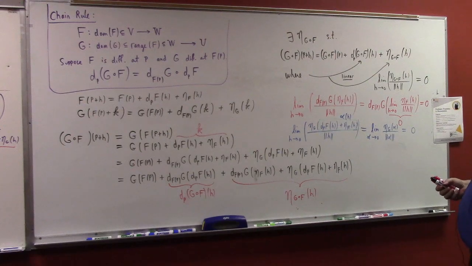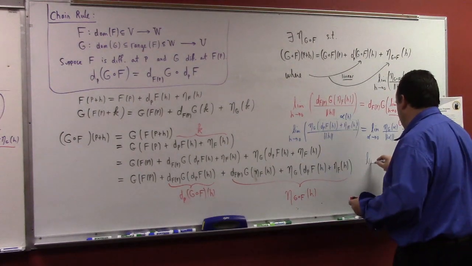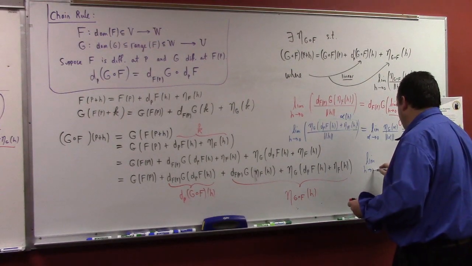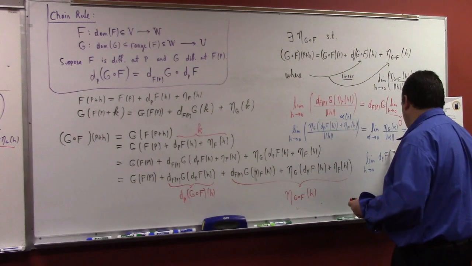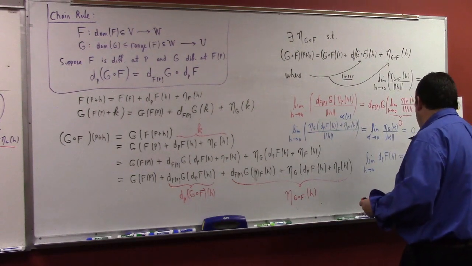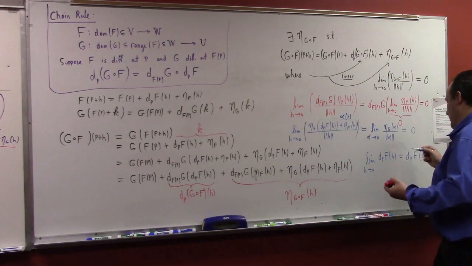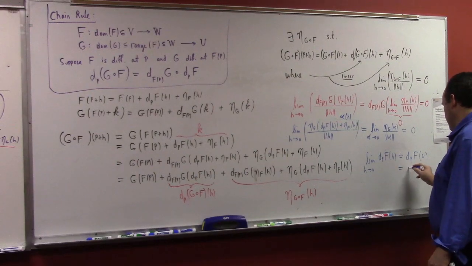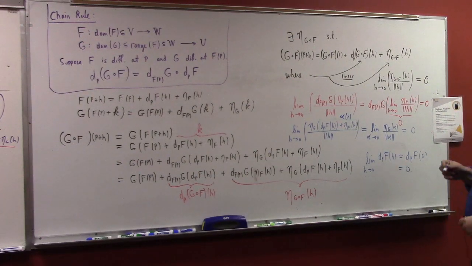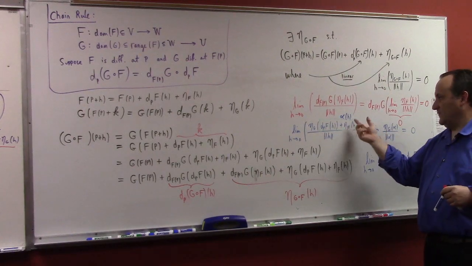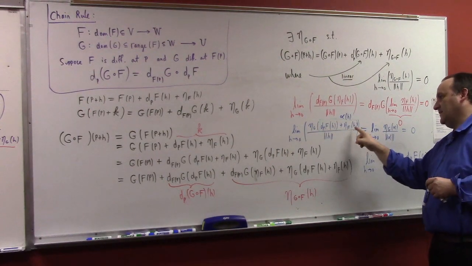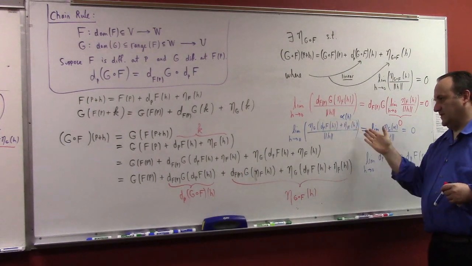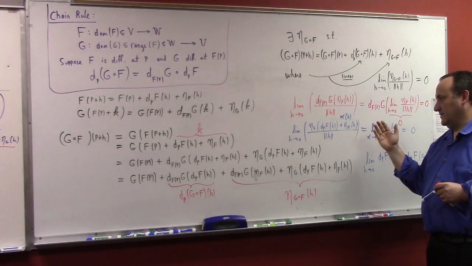The differential of f at b as h approaches 0 goes to 0, by continuity of the linear map, which is 0. But we also know that this goes to 0. So if I make a substitution, if I call all of this alpha, well then alpha is going to 0, right?